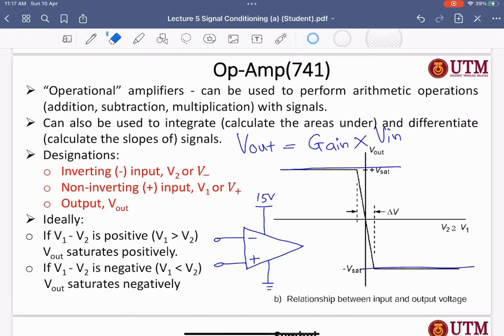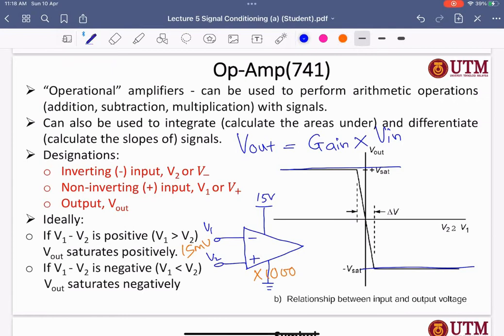And then your input, V1, V2, the input that you want to amplify, for example 2 millivolts, or maybe 15 millivolts. And then you set your gain, now you set it to 1000.